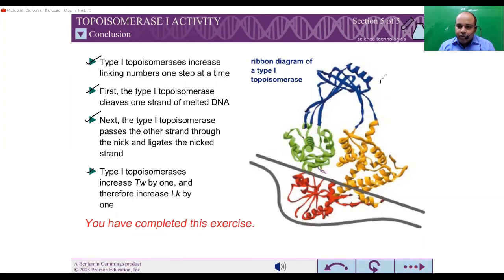And the most important point about the type 1 topoisomerase is that they remove negative supercoiling.